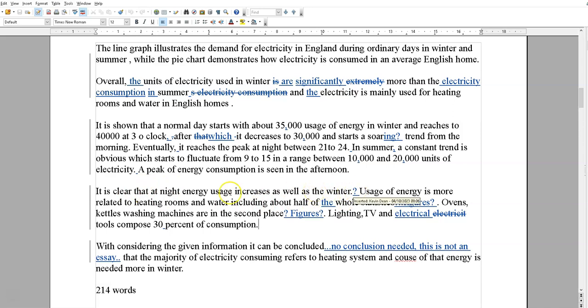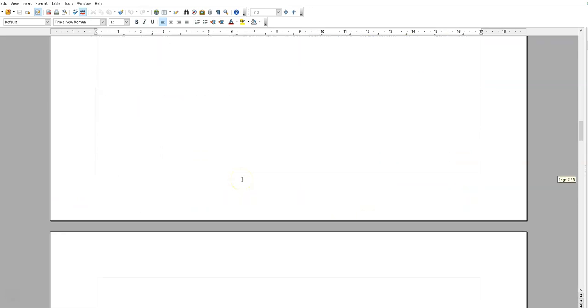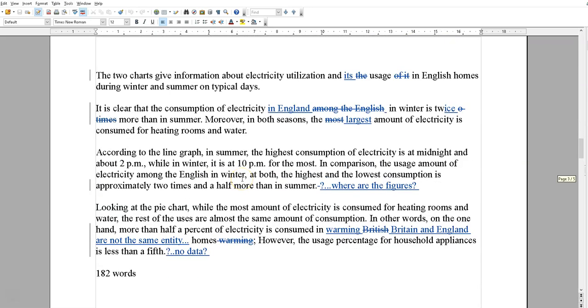Statistics? Well, it's not, is it? It's figures. So anyway, a couple of confusing parts there, a bit of word choice and word order, and you don't really need that conclusion. All right, let's see what else we've got here.